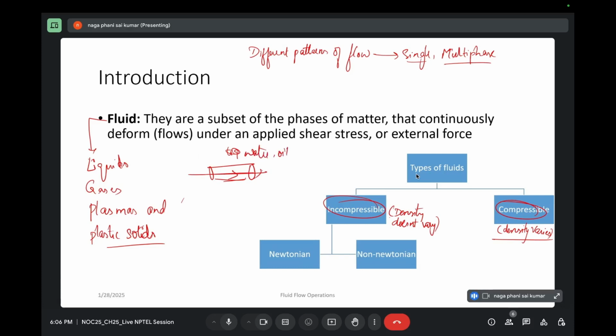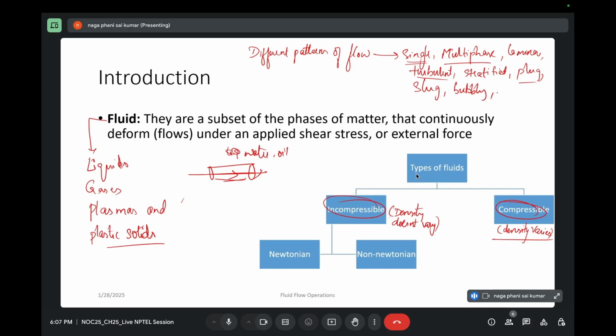We also have laminar flow, turbulent flow, stratified flow, plug flow, slug flow. I hope you might have heard of some of these flows, for example plug flow, single-phase flow, turbulent flow.